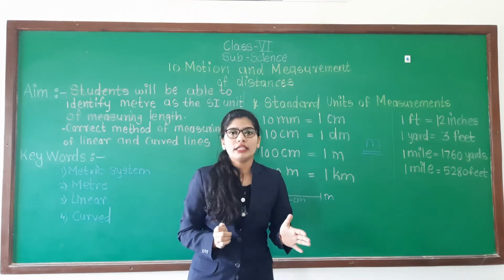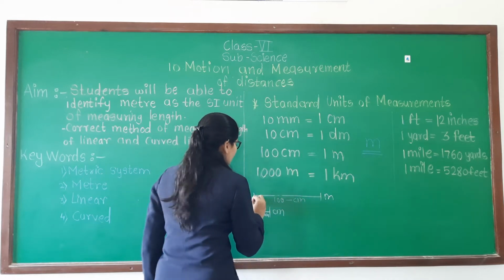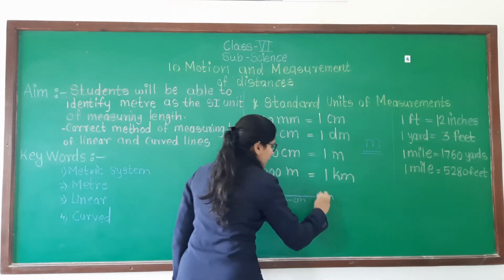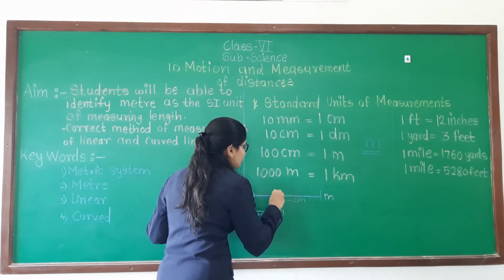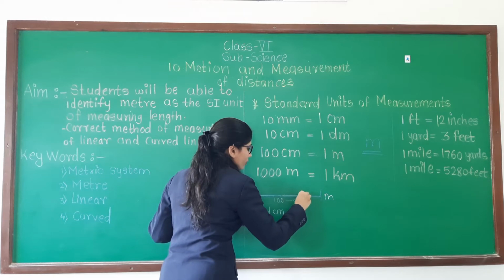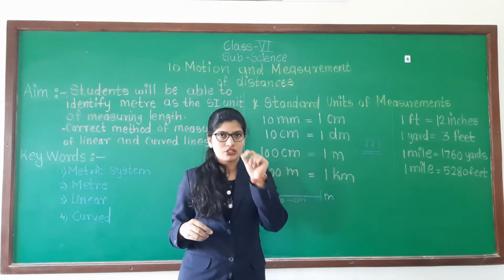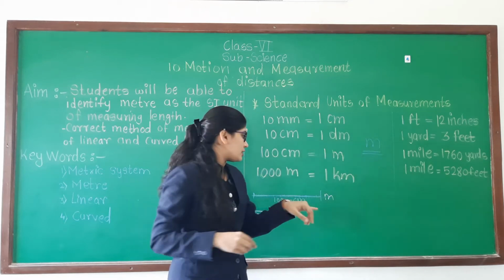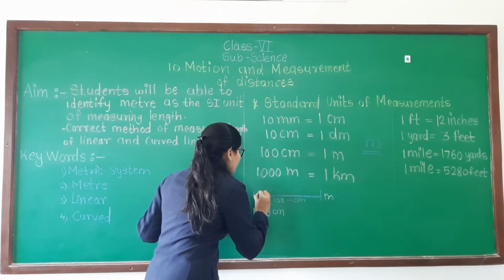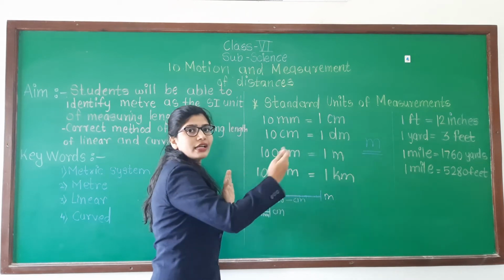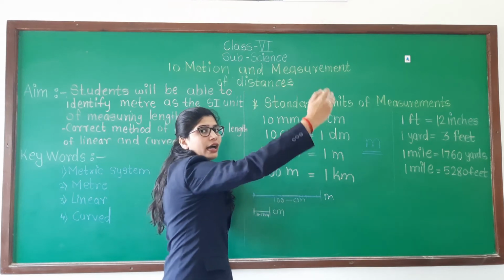Normally we take the length in meter. See, it is a meter scale, and in that meter scale a total of 100 divisions are there. Each division is denoted as a centimeter. We count 1, 2, 3, those 100 divisions, 1 centimeter, 2, 3, 4, 5, 6.